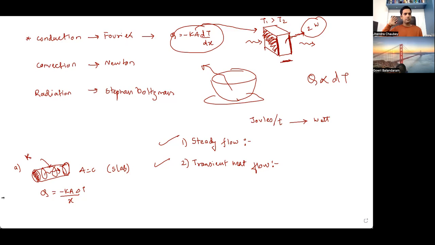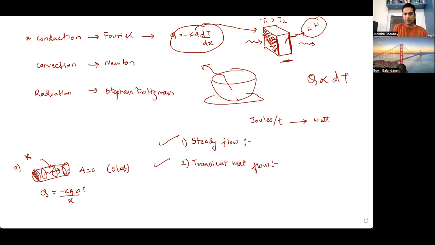Every different material will have its own K. If it's a good conductor, it will have a good K. If it's a bad conductor, it will have a lesser K. It is something which the object is born with.